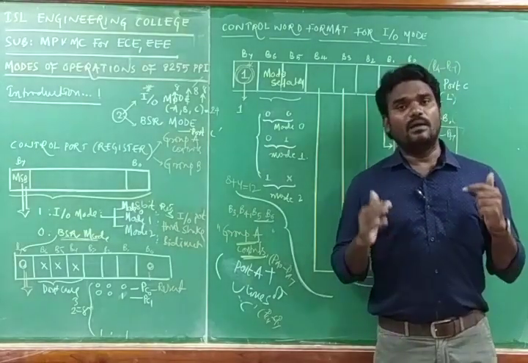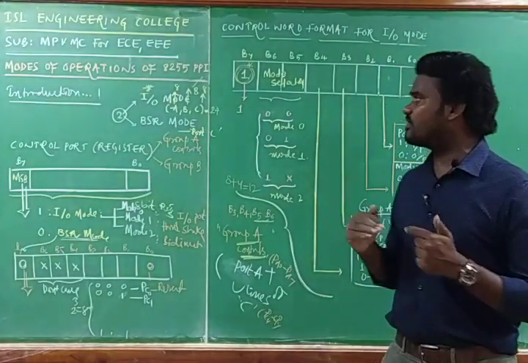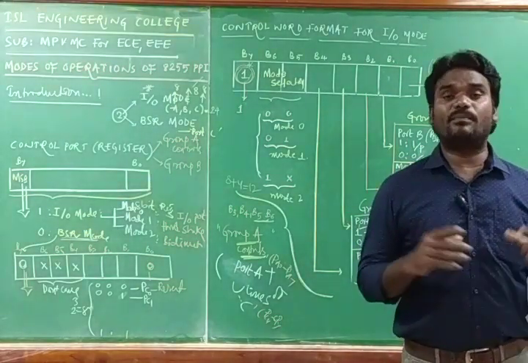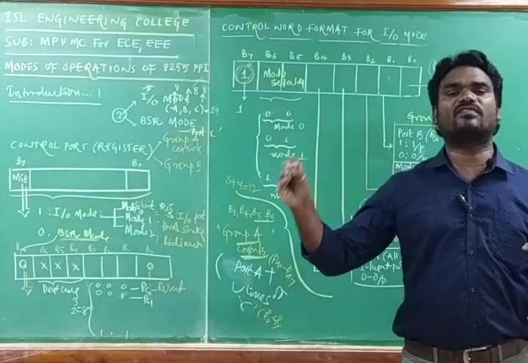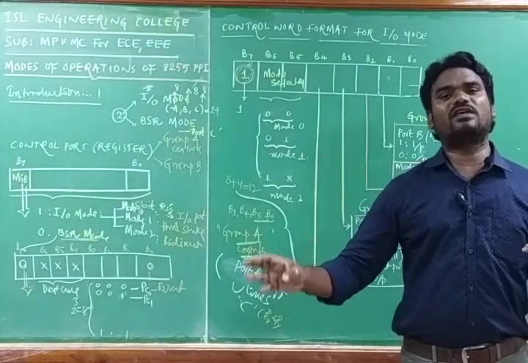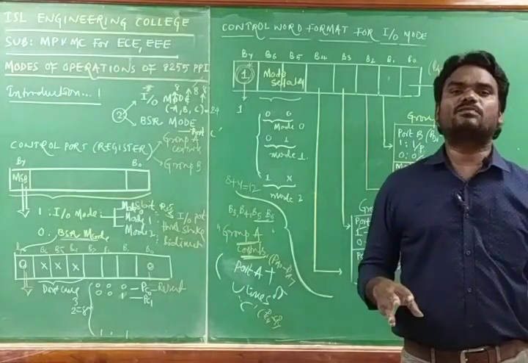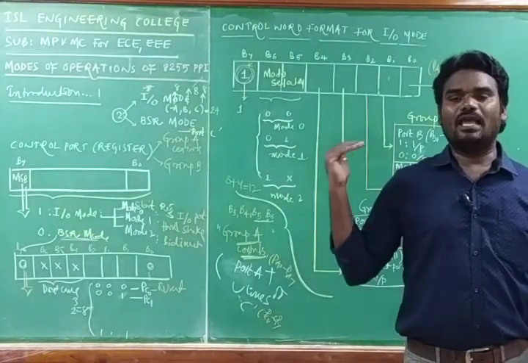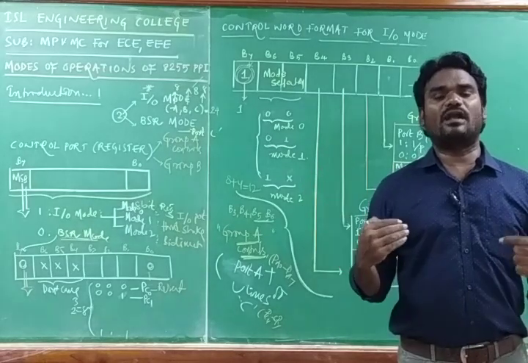With this, the various modes of operation of the 8255 PPI are completed. PPI stands for Programmable Peripheral Interface. It is an interfacing integrated circuit which can interface the 8086 microprocessor with the input-output devices, sometimes called peripheral devices.